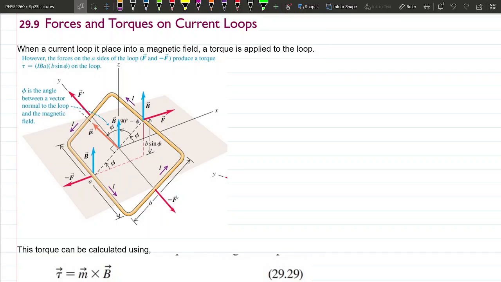All right, what about parts B and D? This side of the loop and this side of the loop. On the edges of the loop, you have a current going this way. You still have a magnetic field, but now the force is trying to pull it this way. Is it also going to rotate that way? On the other side, the force is pulling in the other direction.